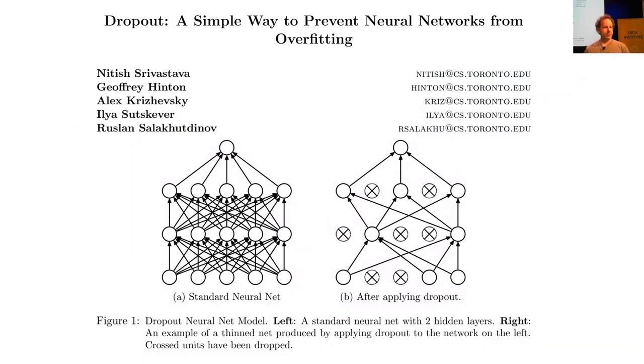This is the dropout paper. Nitish, how do you say this? Srivastava. It was Srivastava's master's thesis under Geoffrey Hinton. And this picture from the original paper is a really good picture of what's going on. This first picture is a picture of a standard fully connected network.